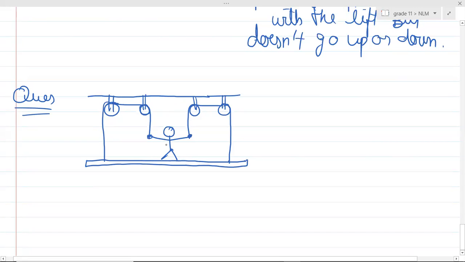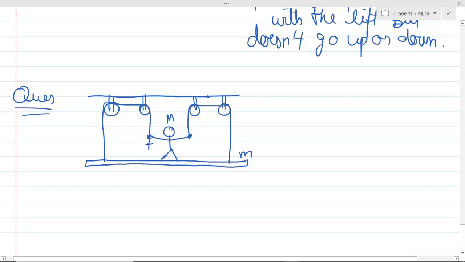A painter of mass M stands on a platform of mass small m and pulls himself up by 2 ropes which hang over the pulley as shown in the figure.